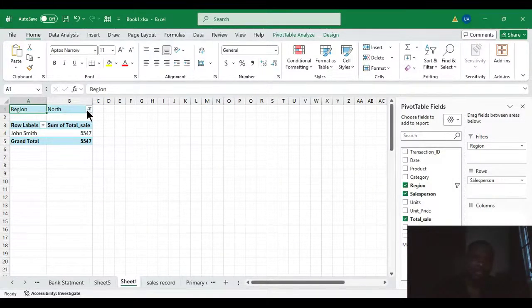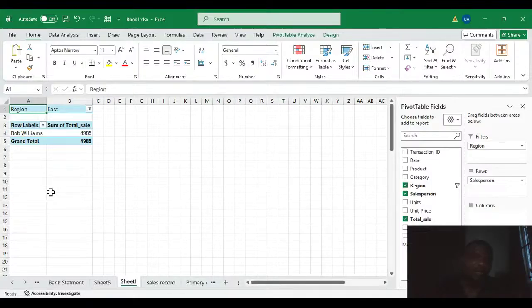Let's see south region. Bob Williams has the highest sales and is the only person selling in that region. So what I can say now from this data, each person belongs to a specific region.